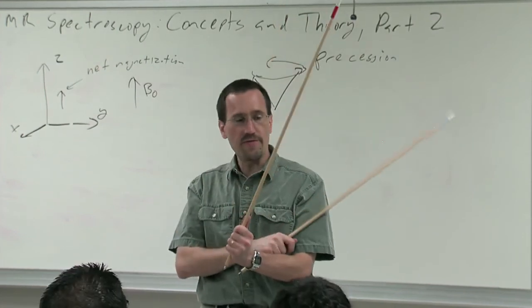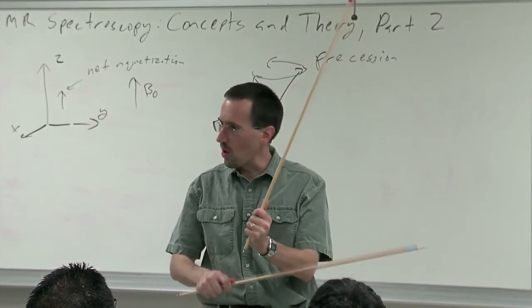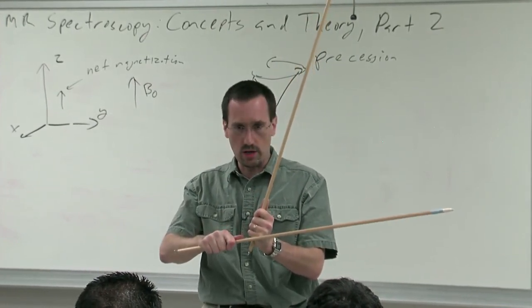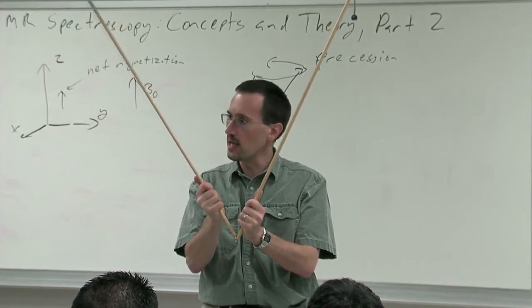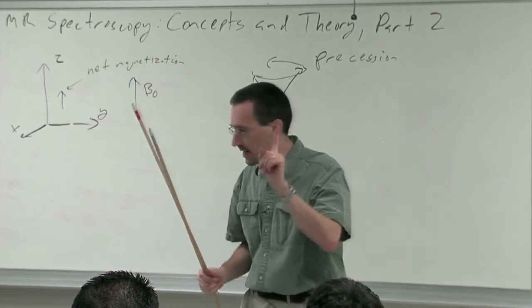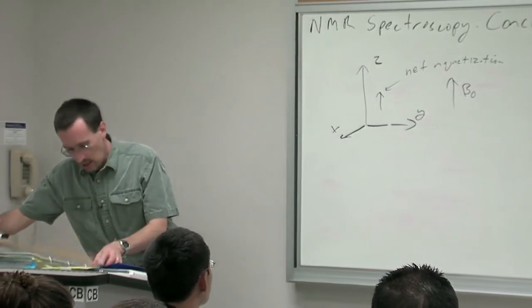So if it were just like this, you'd say, oh, there's a net magnetization along the z-axis, but also a net magnetization along the y-axis. But there are other spins that are like this, and they're all going around. So everything's canceling out except the net magnetization along the z-axis.